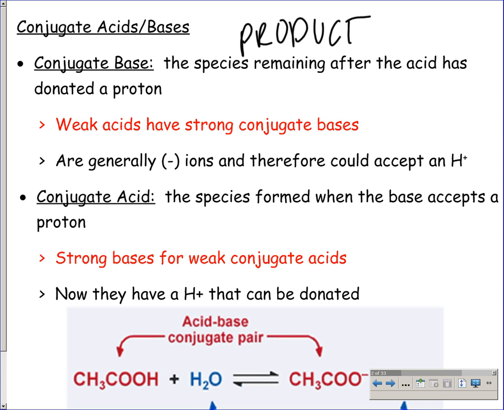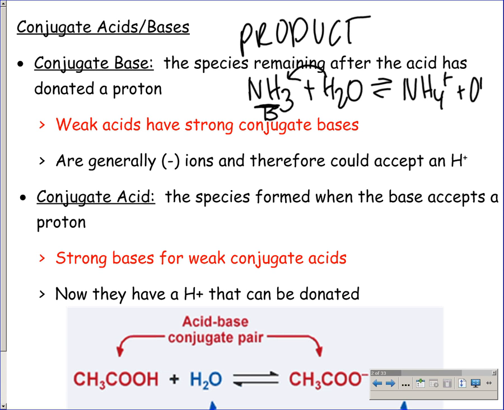For example, you can have ammonia reacting with water. In this example, ammonia is going to serve as a base because water is going to protonate it. It's going to give it a proton. So that's going to form NH4 plus and OH minus. So ammonia acts as an Arrhenius base and a Bronsted-Lowry base. So it's accepting the H plus.